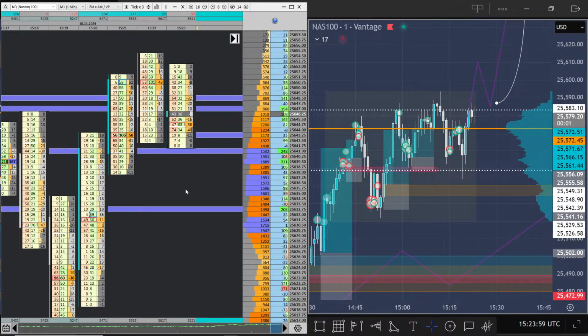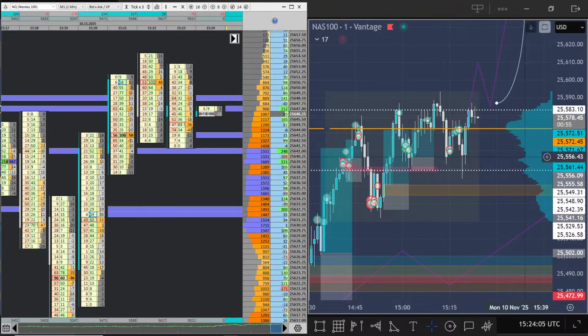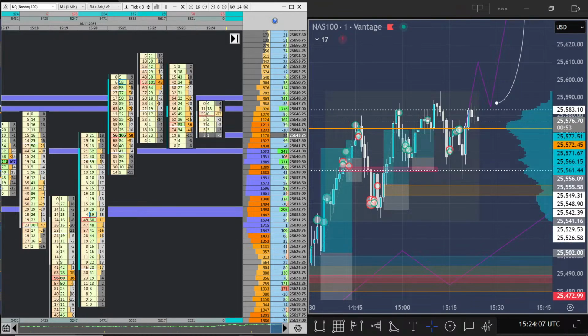On TradingView, we've got this here, which I suspect is going to want to revisit, which will bring us back within the VA.